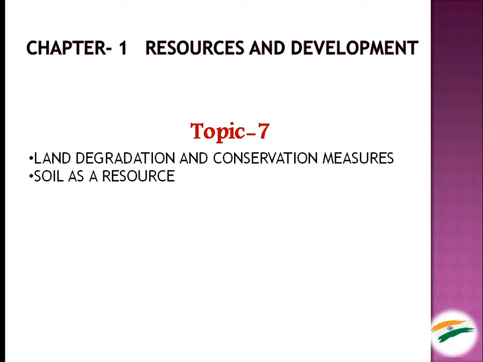After that, planning and development for the resource. In that, we had also seen why land is also called a resource, and utilization of the land. Finally, we are on the topic to discuss what we mean by land degradation and how we can conserve it, or what the different conservation measures are.